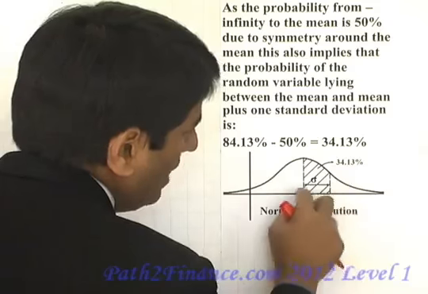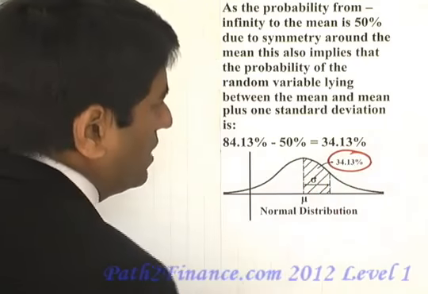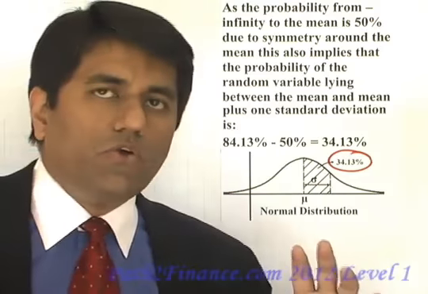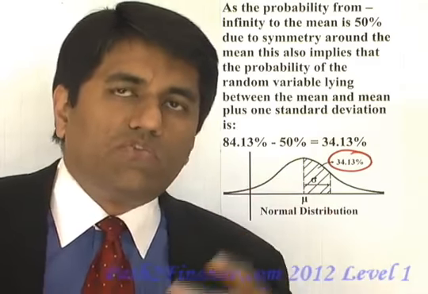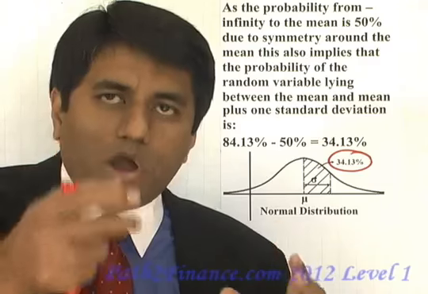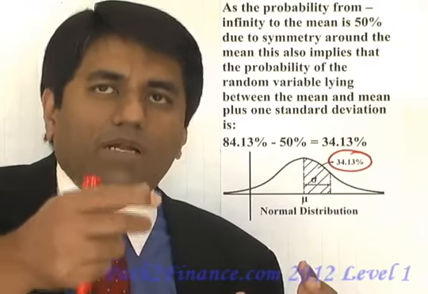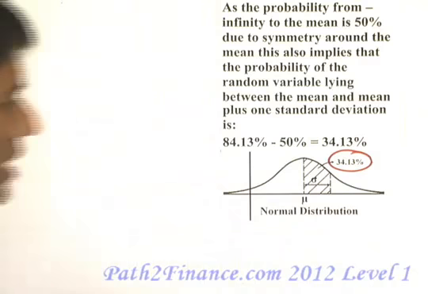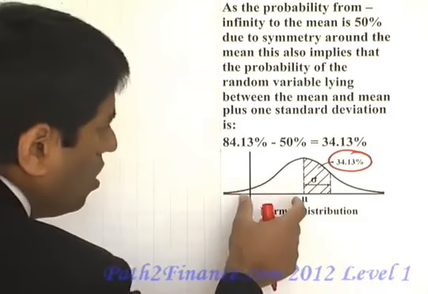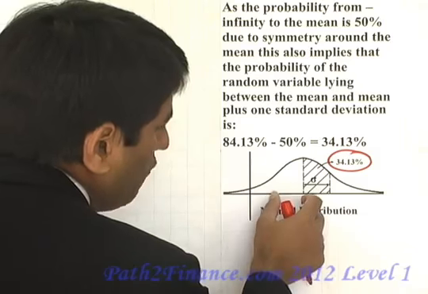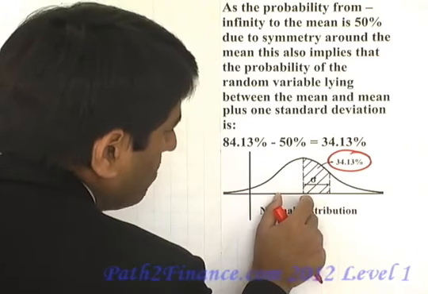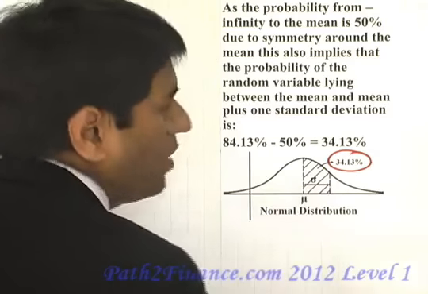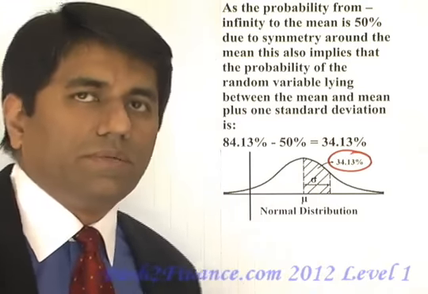So this area will be 34.13%. This is how you use the table to find the probability for the variable to fall in different ranges. Similarly, by symmetry, the probability of the variable falling between z equal to minus 1 and z equal to 0 also equals 34.13%.